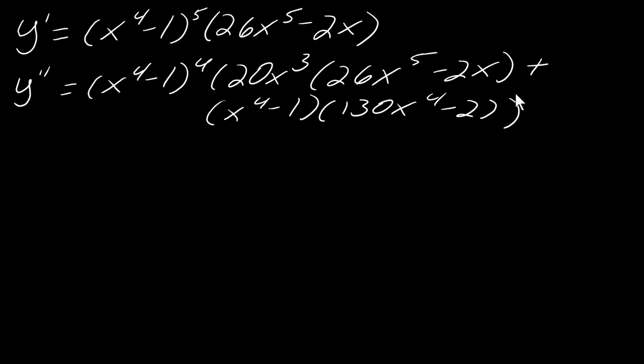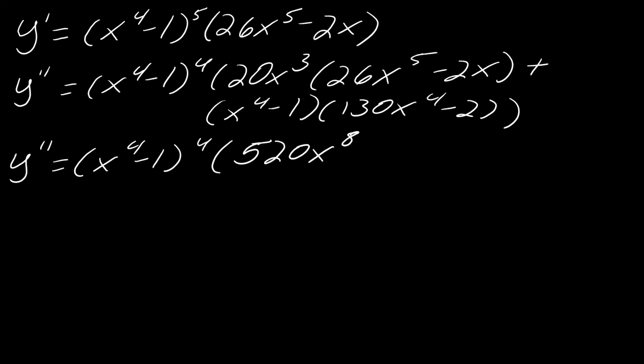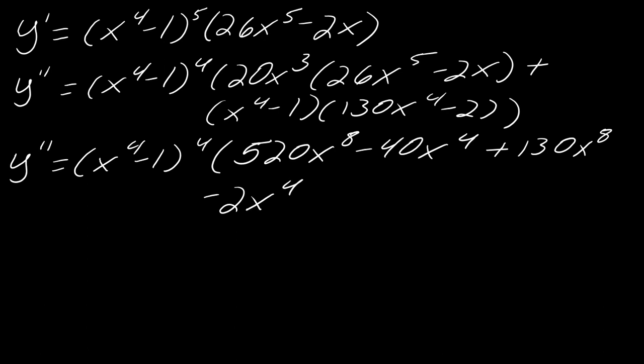Okay, so now I want to start multiplying all of these parts together. So I've got y double prime, got this (x^4 - 1)^4, and then let's see. This is 520x^8 - 40x^4 plus 130x^8 - 2x^4 - 130x^4 + 2.